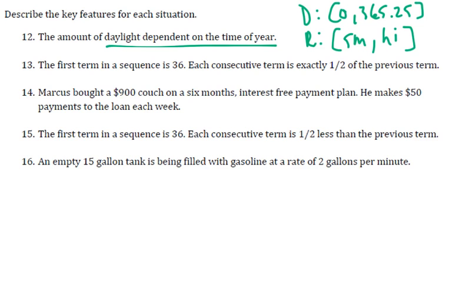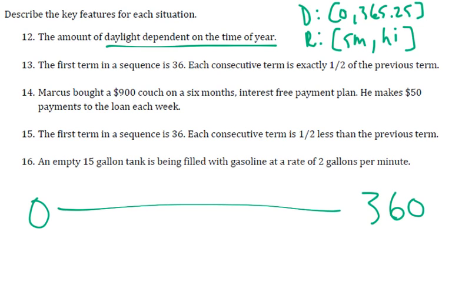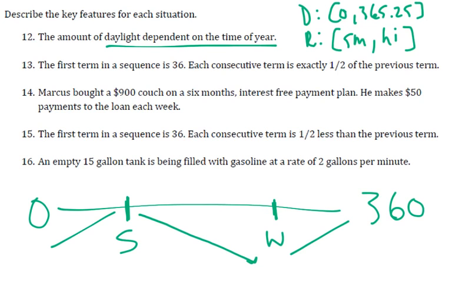Increasing. Well, thinking about that year from 0 to 360, when we get to the summer solstice, it's going to be going down, decreasing till we get to the winter solstice. Then it's going to be increasing till we get back to the summer. So that would be the increasing and decreasing. Do we have an x-intercept?